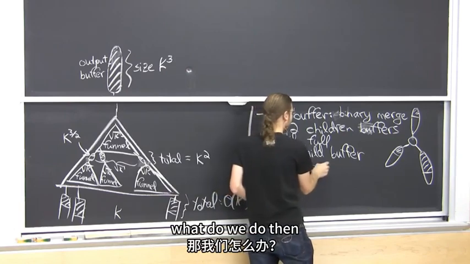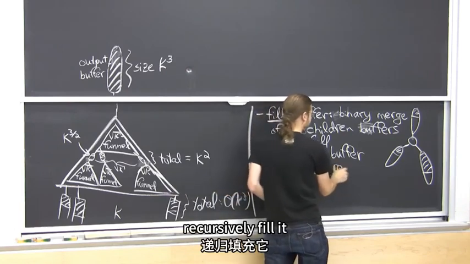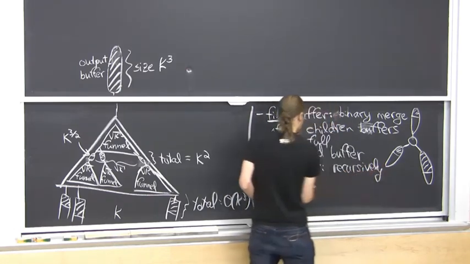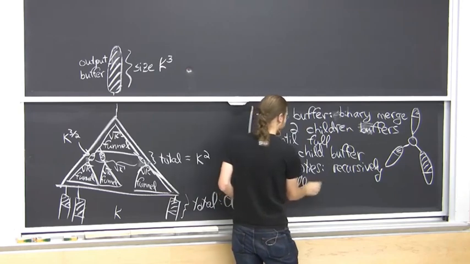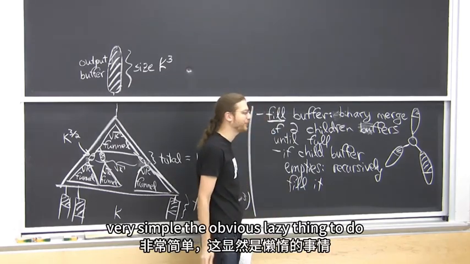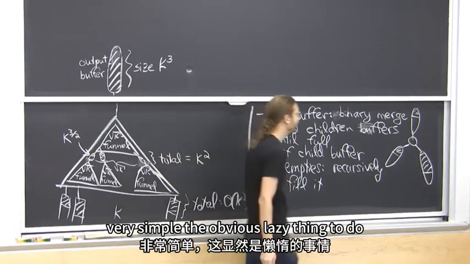What do we do then? Recursively fill it. That's the algorithm. Very simple. The obvious lazy thing to do.